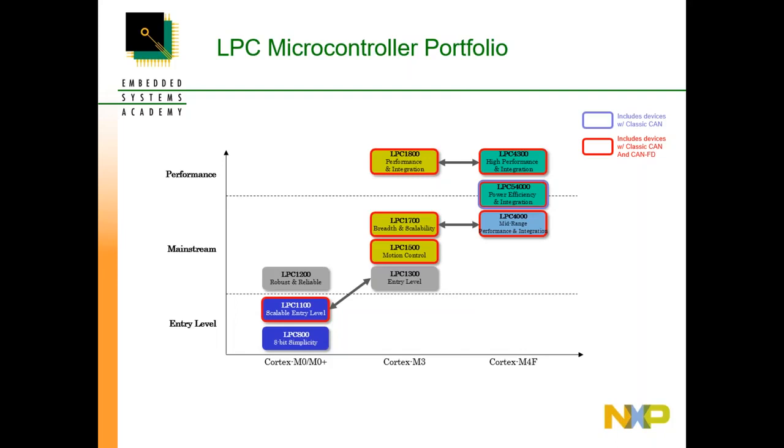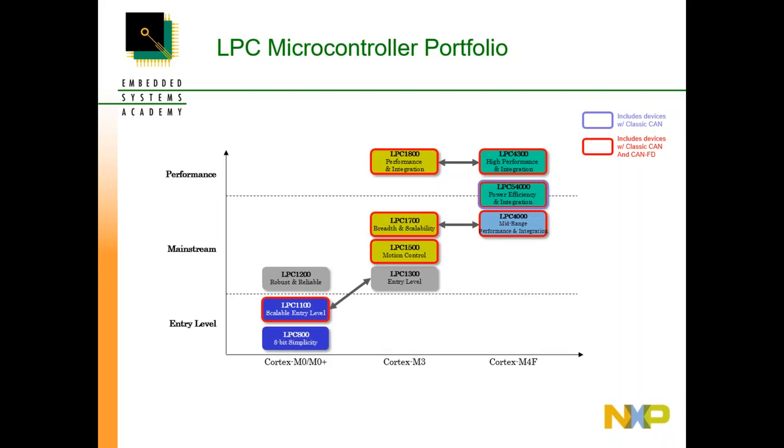CAN has been part of our product portfolio for quite some time. In this diagram of our product family, the product boxes with the red markings around the outside are those that have different members of the family with CAN capability. This starts down at our LPC1100 family with the 11C products, which are Cortex-M0 based.